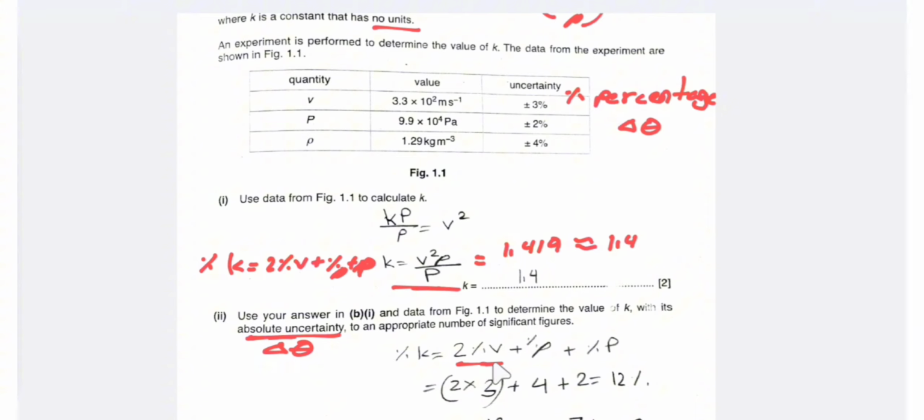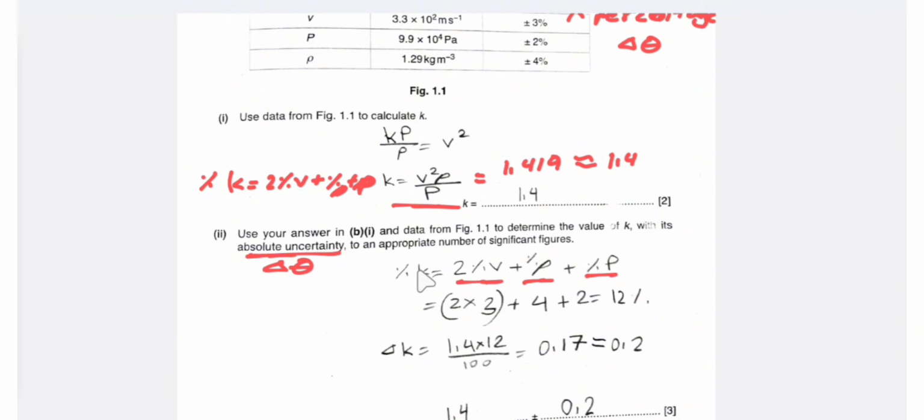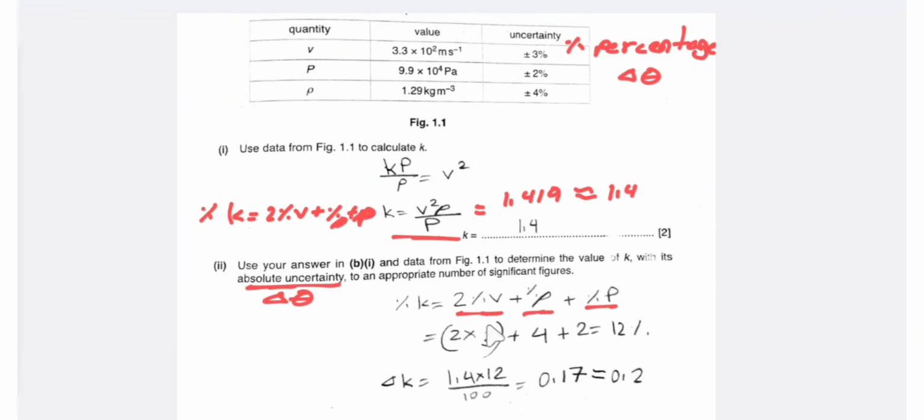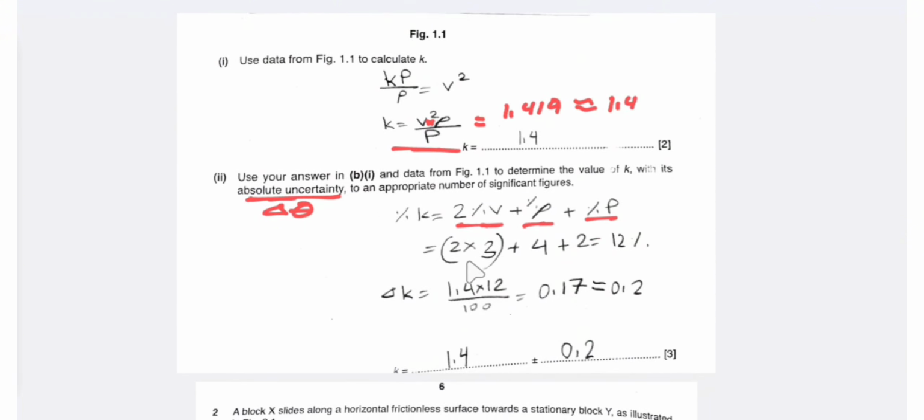That is 2 × 3 plus 4 plus 2. Though p is divided, we still need to add the uncertainties, whether it is divided or multiplied. So the percentage uncertainty in k is 12%.